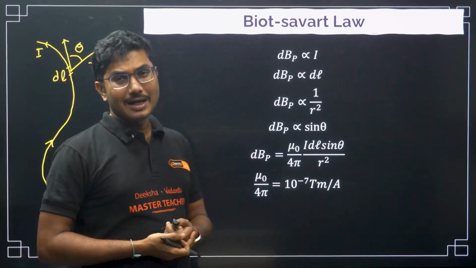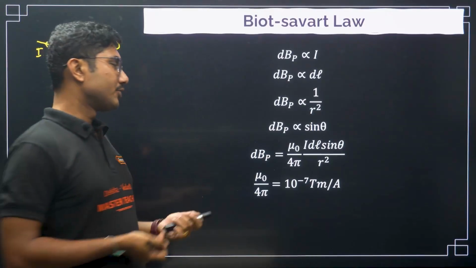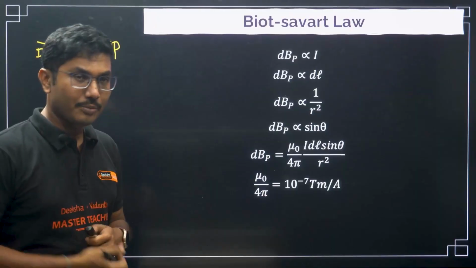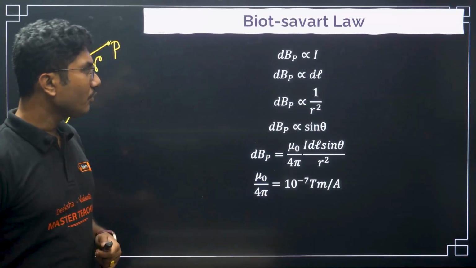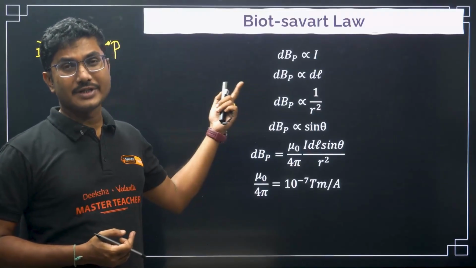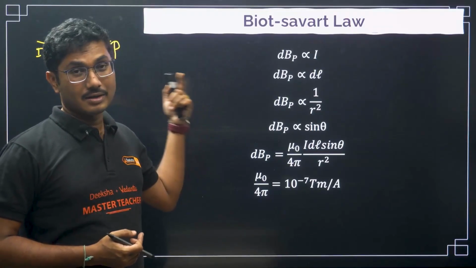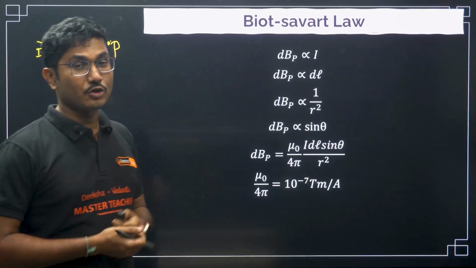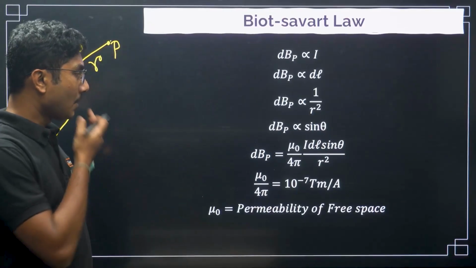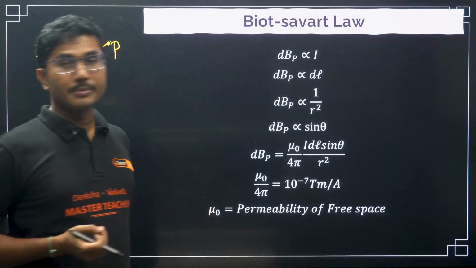Now Tesla is the unit of magnetic field. If I missed that, I am covering it now. Tesla is the unit of magnetic field. These are the very basic formula, and you have to remember this statement. A lot of times it comes not only in midterm, but also in your board exam. Mu naught is called permeability of free space.